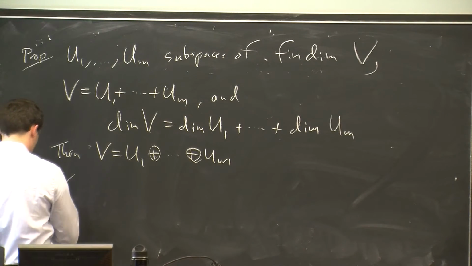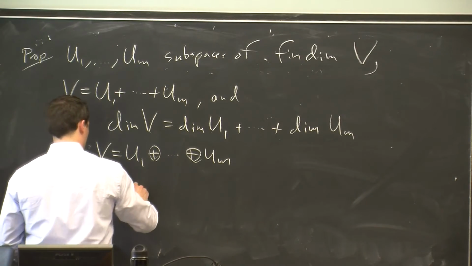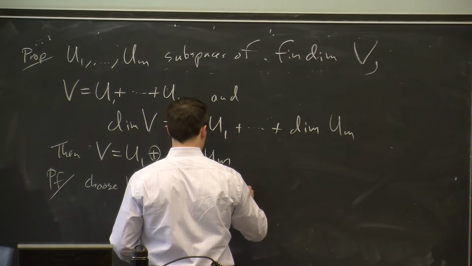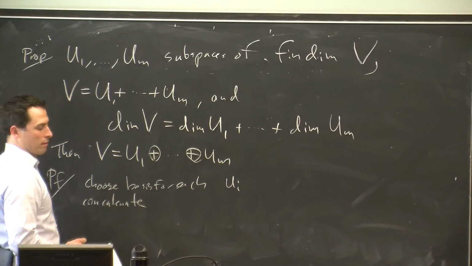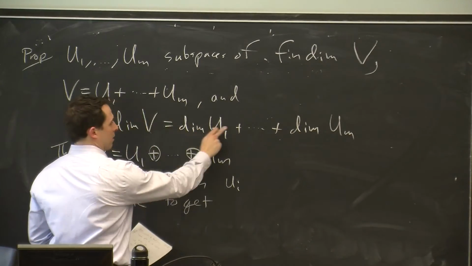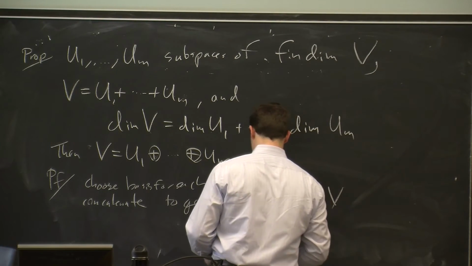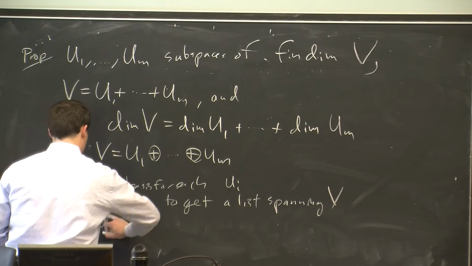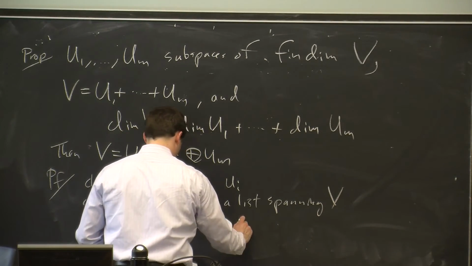The proof is very easy. The idea is that you choose a basis for each U_i. Concatenate them to make one big list of all of them. We concatenate them, we get a list that by the first part spans V. And by the second part, it has length dim V, so it's a basis.